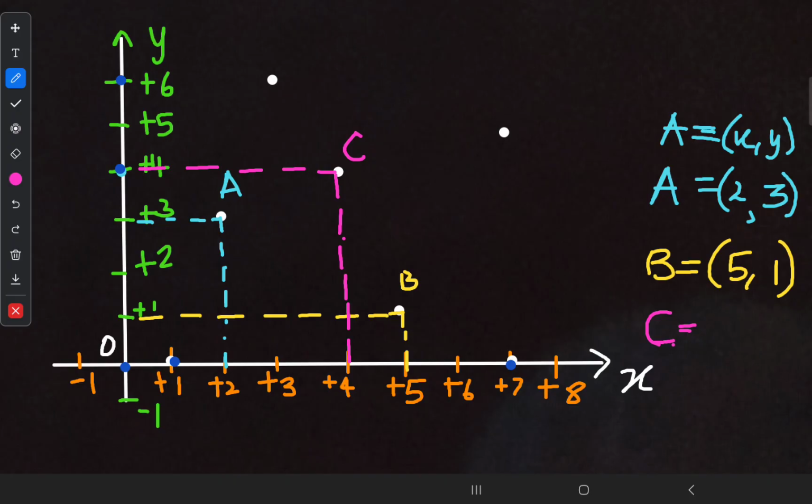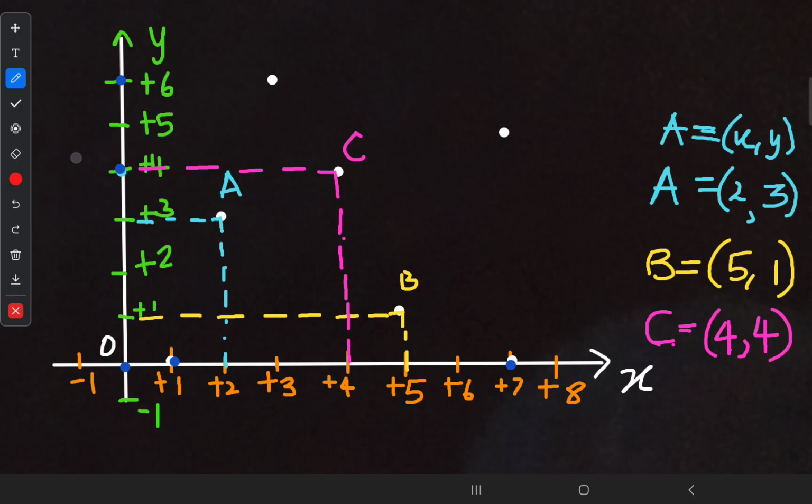Coordinate means, in the Cartesian plane, where is your C situated? The location of C is indicated comparatively by using x and y values. In the x-axis, this is going through 4, and in the y-axis also this is going through 4. So this is the way you have to mark your coordinates.